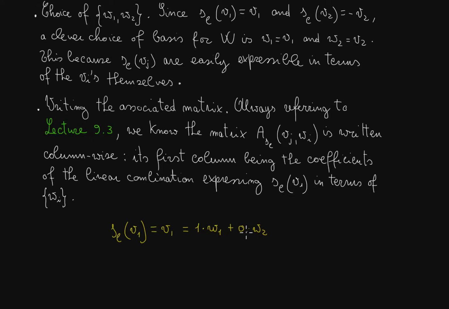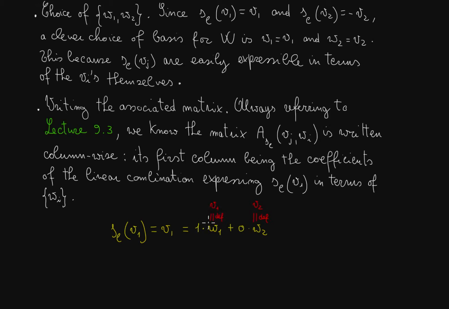But W1, W2 we have chosen to be exactly the same as V1, V2, just because, as we noticed, V1 is easily expressed in terms of the basis V1, V2. So we have chosen W1 to be V1, W2 to be V2, and we immediately see that the linear combination using these vectors as basis is the one that has 1 as a coefficient of V1 and 0 as a coefficient of V2.